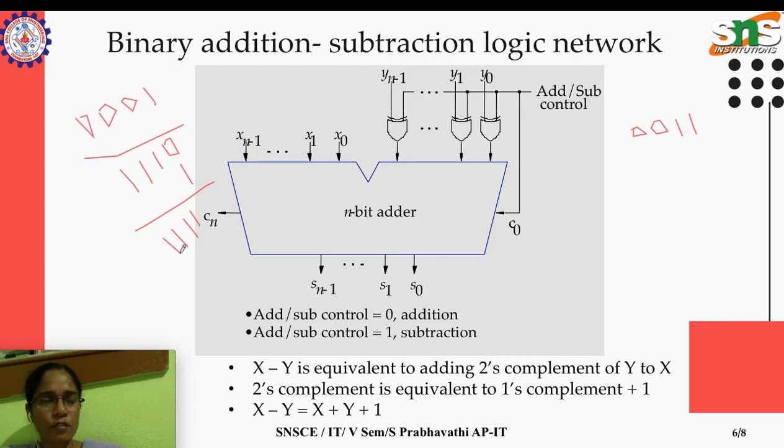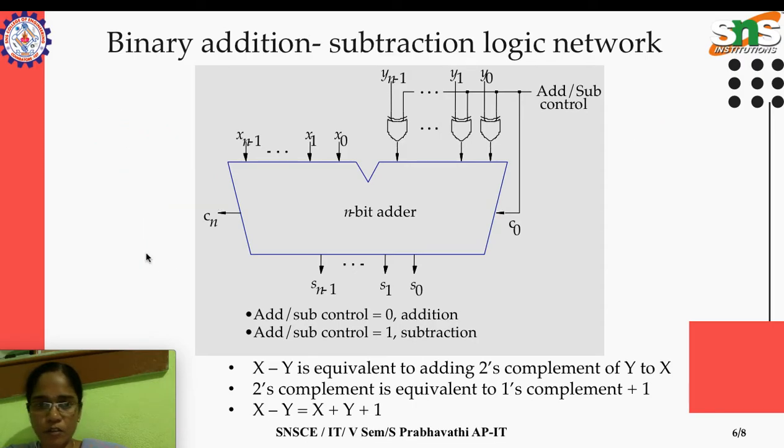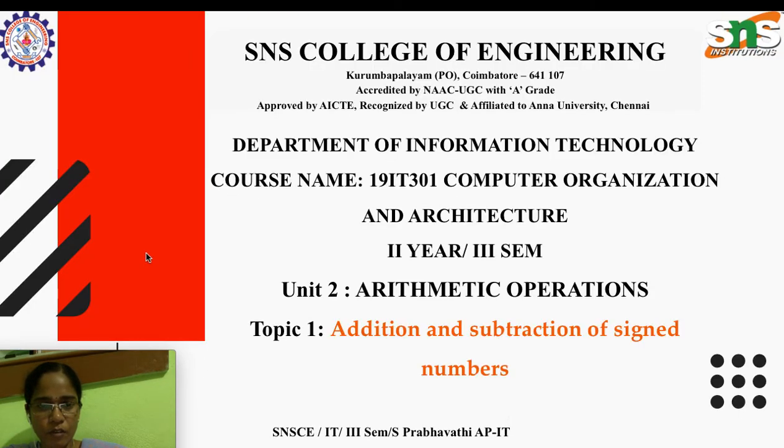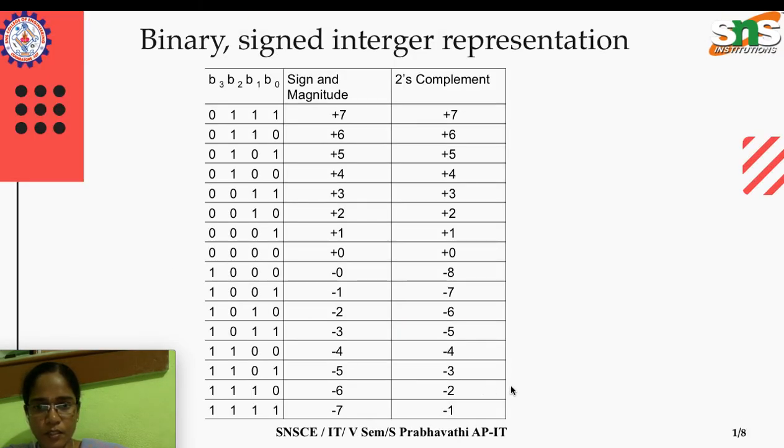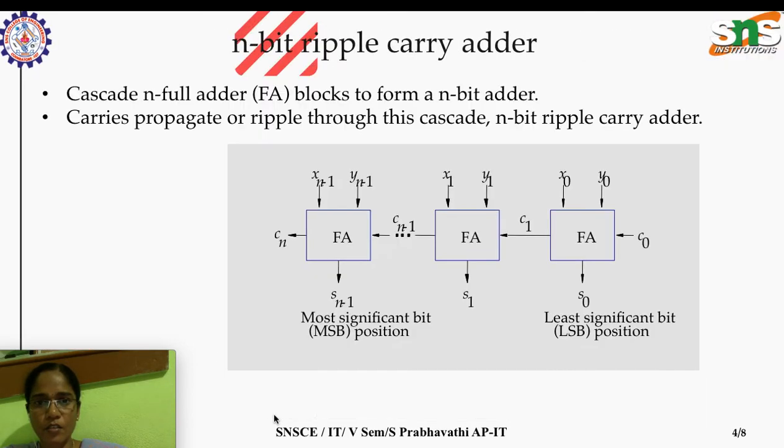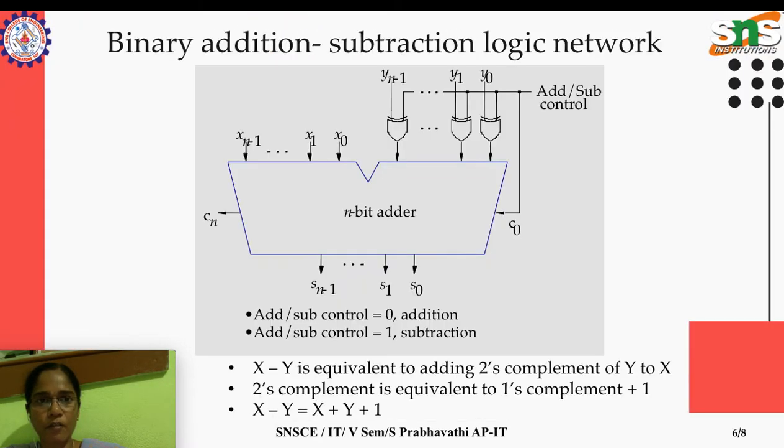So this is minus 1. This is the 2's complement representation of minus 1. We'll go back to the first slide and check. See here, minus 1 is nothing but all four ones. So in this way this logic circuit will perform both addition and subtraction operations.